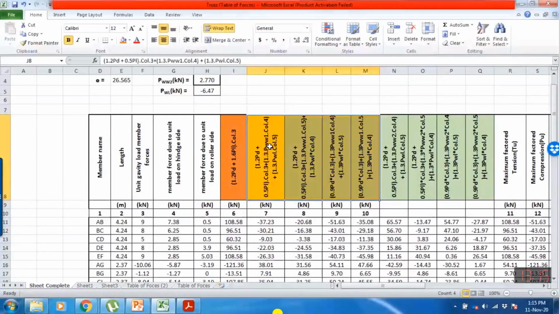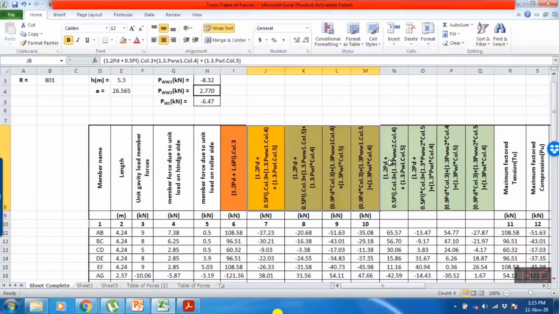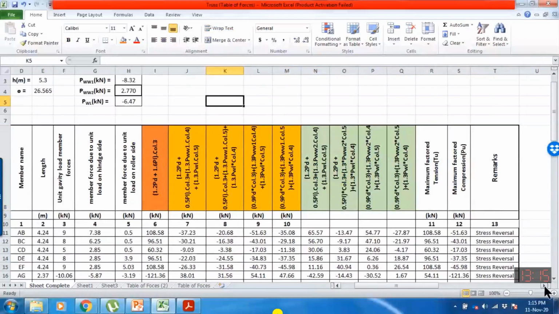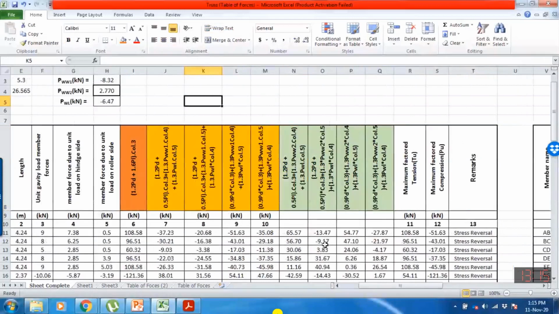Then I need to add four more columns for PWW2. I explained it in detail last time. And then what you will do, all the compressive forces you will put with a negative sign, and all tensile forces you will substitute with a positive sign.